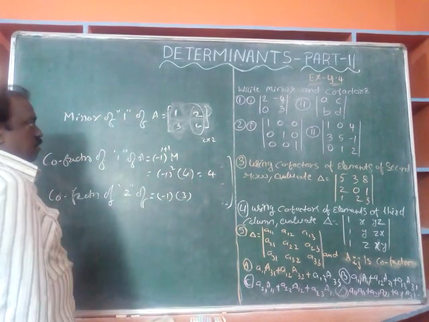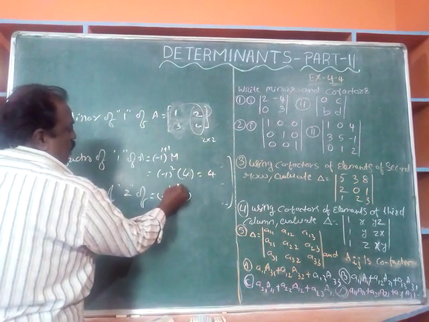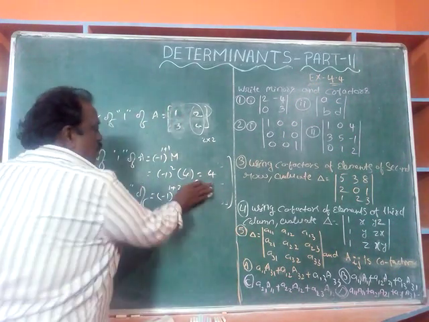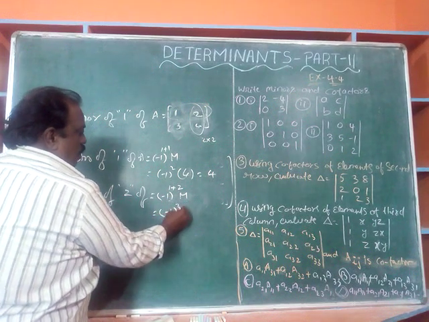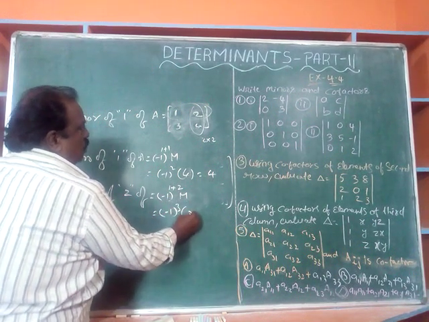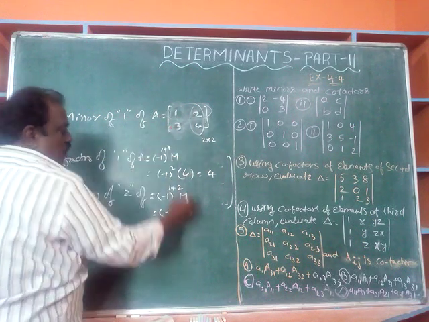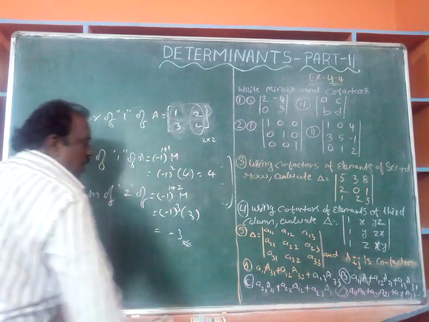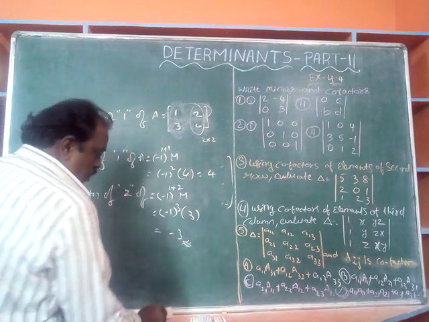It is -1 power, its position is row 1, column 2, and the minor M. It is -1 whole cube. For 2, the minor is 3. So it is -3. Like this we have to find. That is the minor and the cofactor.